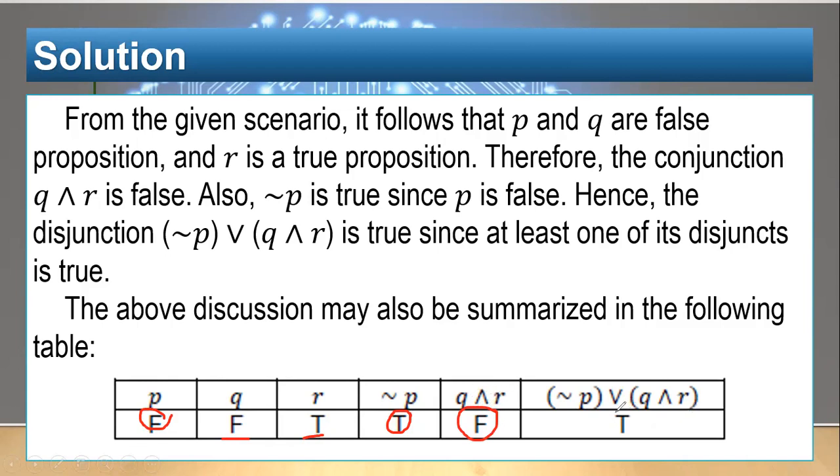Okay, pagsamahin natin, i-or natin tong dalawa. So, not P, tapos or Q and R. Ibig sabihin, i-or mo si true at saka si false. So, true or false, di ba? Pag or naman, or logical operator na disjunction, kapag nakita natin may true, that is considered as true.